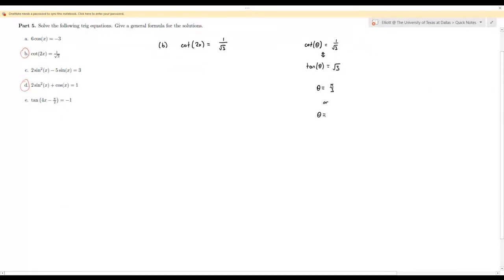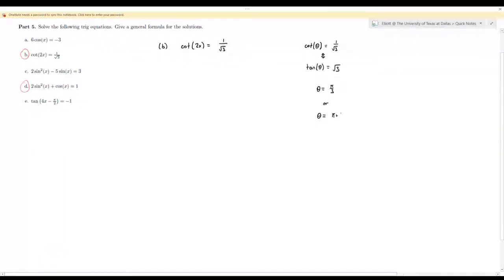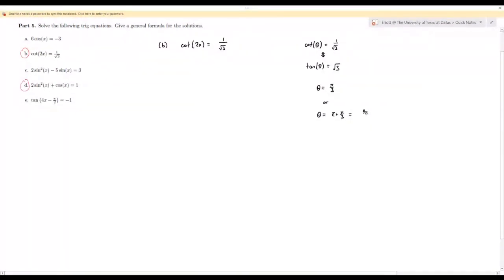So I want the pi over 3 angle in the third quadrant as well. If I take pi and add pi over 3 to it, that's 4 pi over 3, the angle in the third quadrant where tangent is also equal to square root of 3, okay?